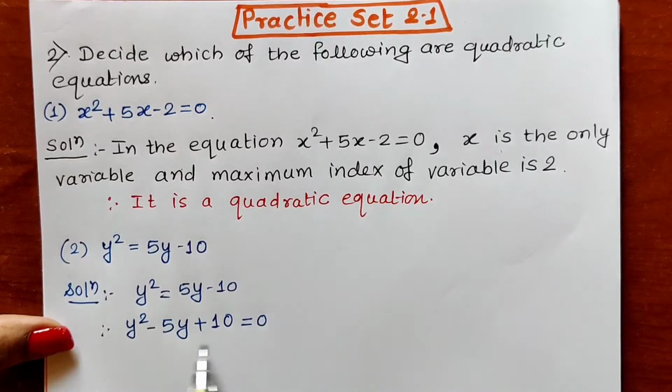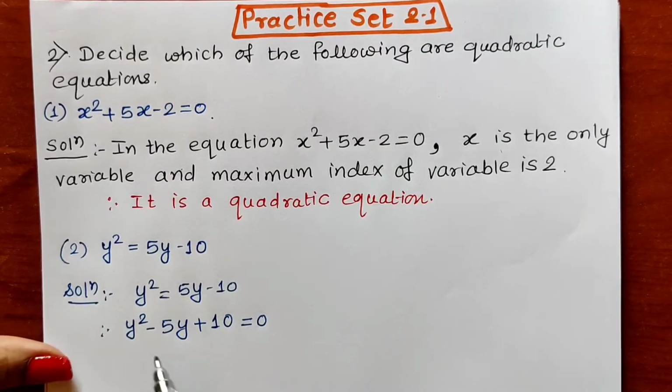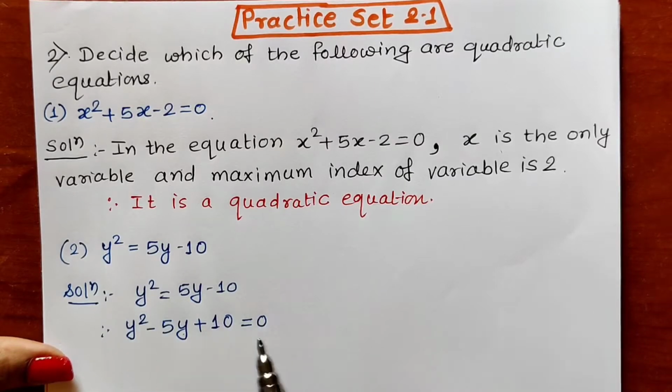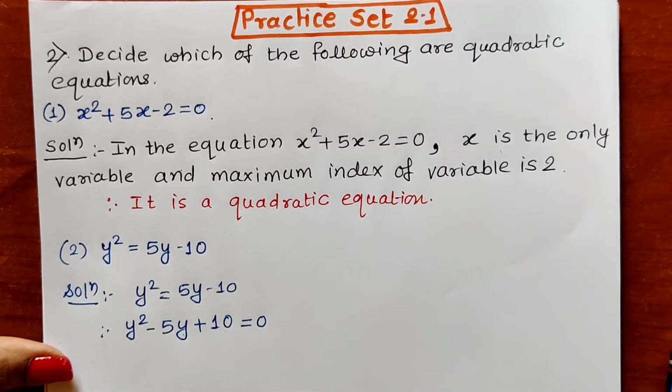Now we can see it is in the general format where only one variable y is there and maximum index is 2. So write the answer.